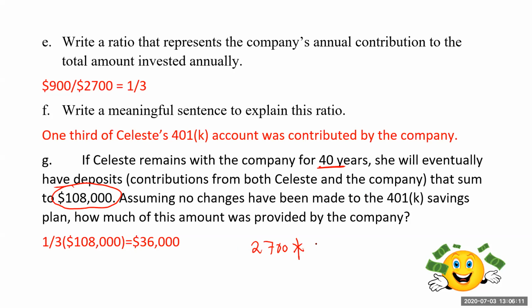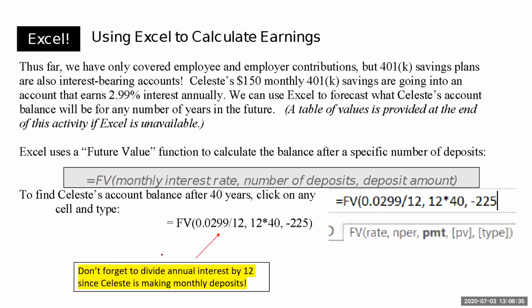So we multiplied that by 40, and that gave us 108,000. Okay, so out of the 40 years, if you wanted to know how much of this contribution was done by the company, we have already said that 1/3 of that contribution is done by the company. So we divide that by 3, and that gave us 36,000. That's a lot of money, right? Sweet.